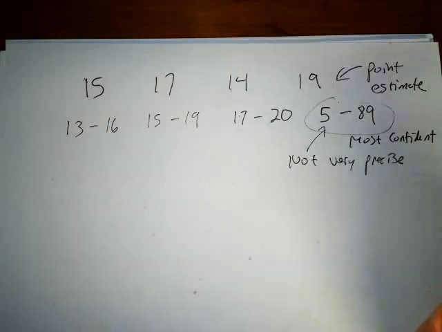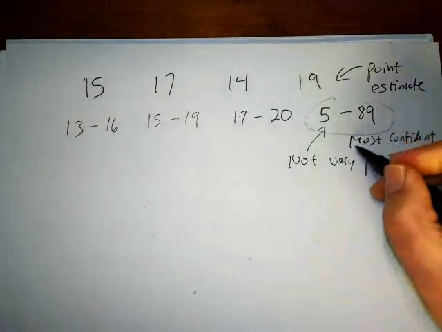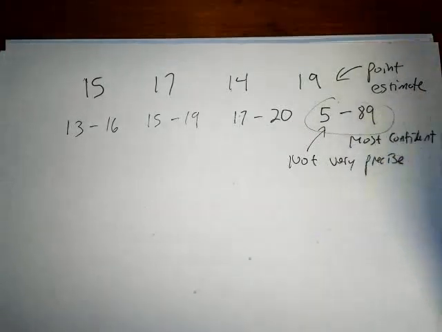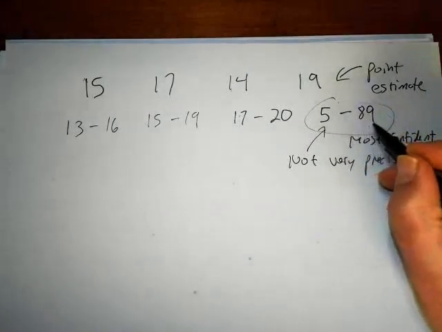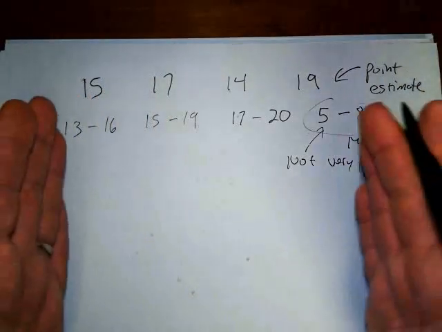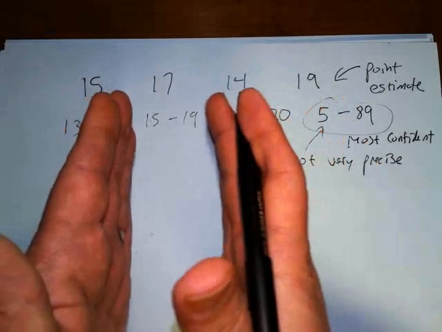so that we've got a good idea of what the actual value is. And if you notice, there's actually kind of a trade-off between these two, because I can always get more and more confidence by widening my interval, by making my interval bigger and bigger. But the bigger you make the interval, the less precise it is, right? And I can always gain more and more precision by shrinking that interval down.